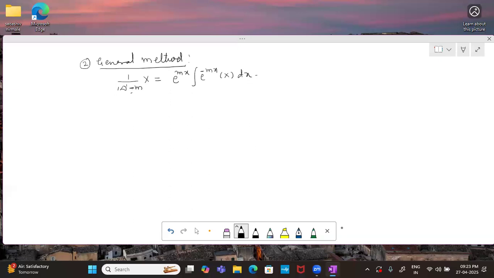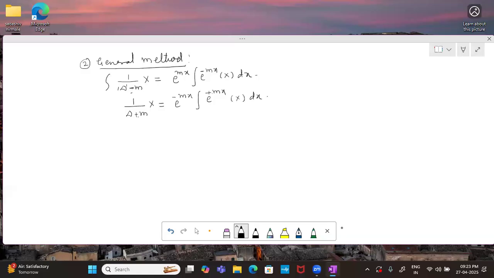Some simple integrals will be there, so using some direct formulas from integration, you can solve this. And the second formula, same category: e raised to minus mx outside, and inside the integral e raised to plus mx into X dx.